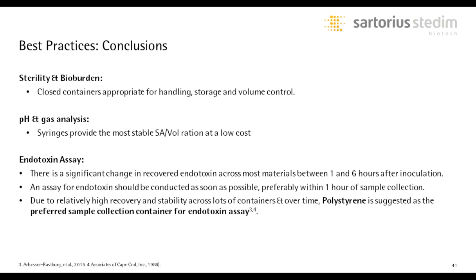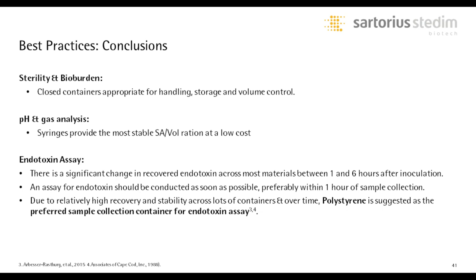So, in conclusion, when sampling for sterility and bioburden, any closed container is appropriate, but selecting one best suited for the handling, storage conditions, and volume control required by the process really is the wisest choice. And pre-sterilized syringes are the best choice for pH and gas analysis. They provide the most accurate results due to their low and stable surface area to volume ratio at the lowest cost.